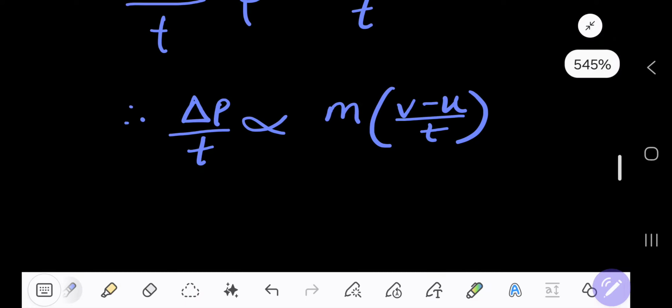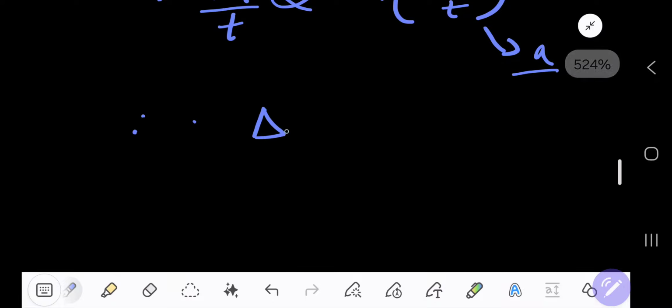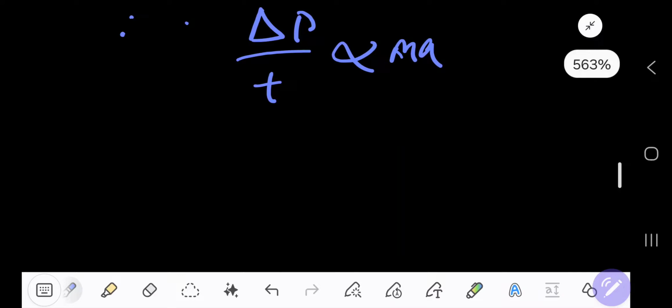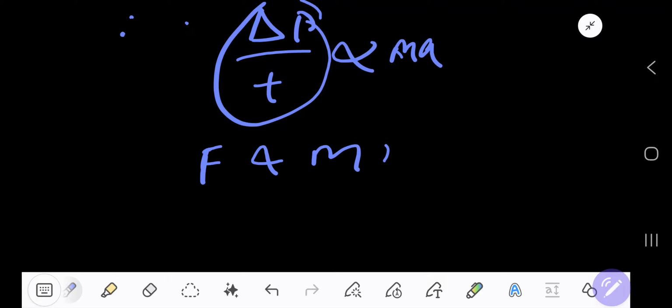And v minus u over t is just the formula for acceleration. Therefore delta p over t is directly proportional to ma. Alright, if we add a constant, we can say that this delta p over t, which is basically a force, is directly proportional to ma.